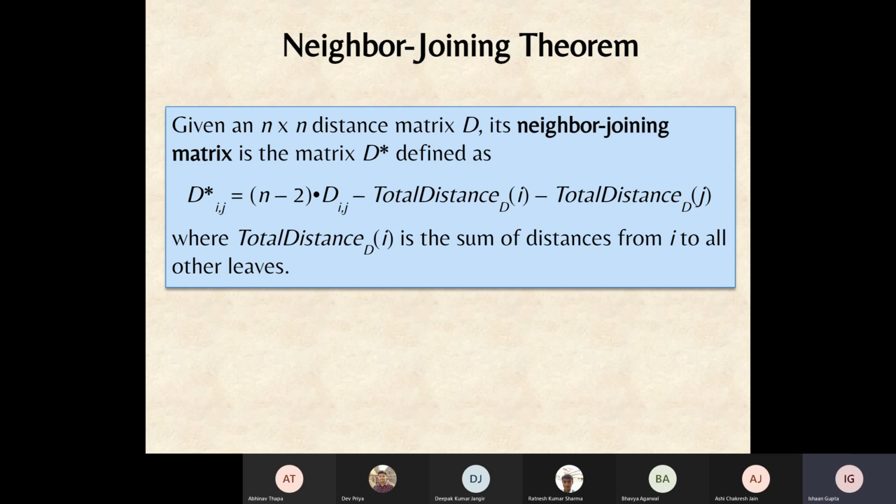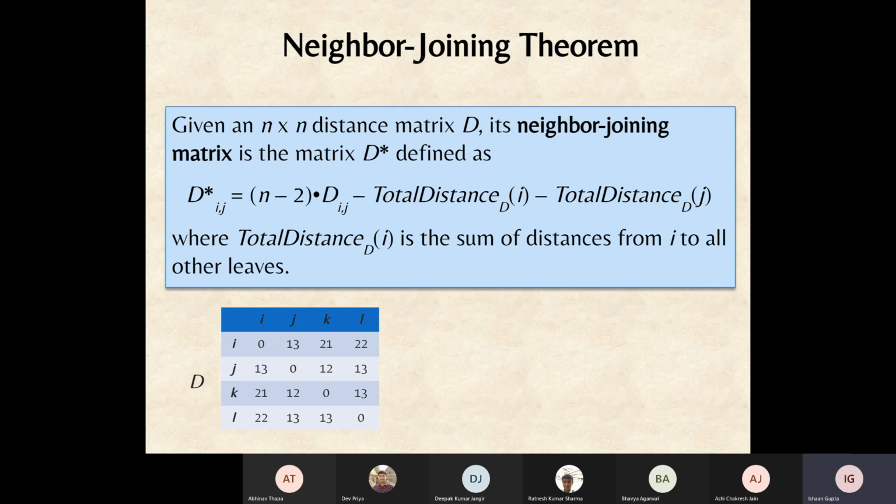The total distance is the sum of distances from i to all the other leaves, if you were talking about total distance Di. This simple transformation of the matrix converts the non-additive matrix to a more additive version, and it helps you solve the phylogeny using the same ideas as additive phylogeny. And I'll show you how.